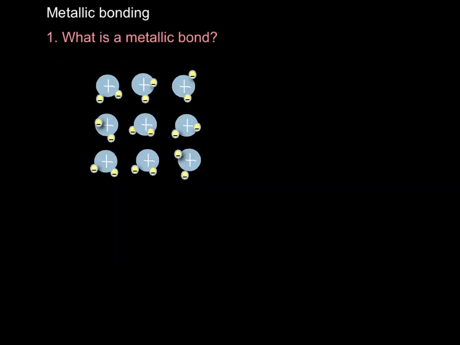Alright, so let's talk about a metallic bond. If you remember, metal atoms tend to have a very low electronegativity, which means they don't hold on to their electrons very tightly. Say we have a chunk of something like iron. These are all iron atoms, and these are their valence electrons.